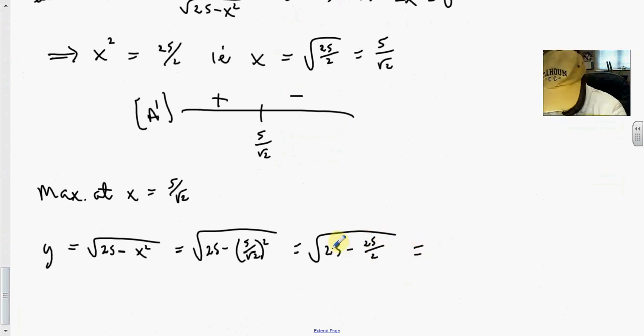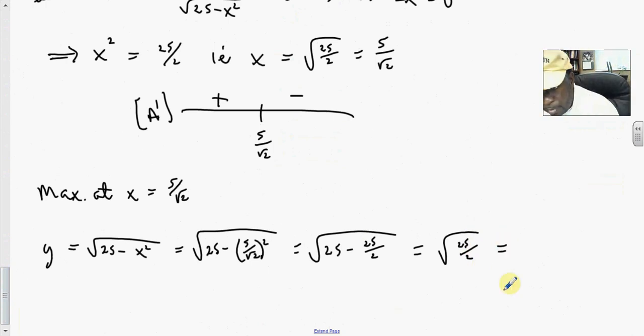So we get 50 minus 25 is the square root of 25 over 2. And that gives us 5 over the square root of 2.